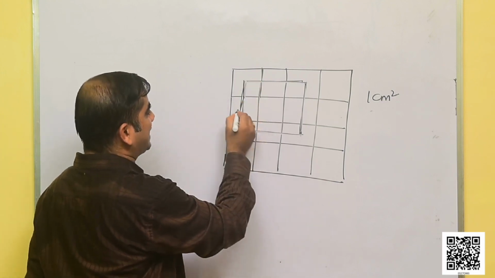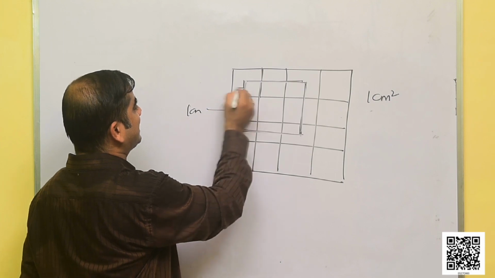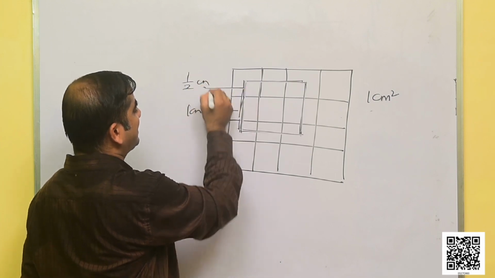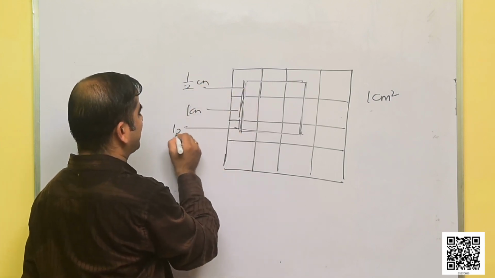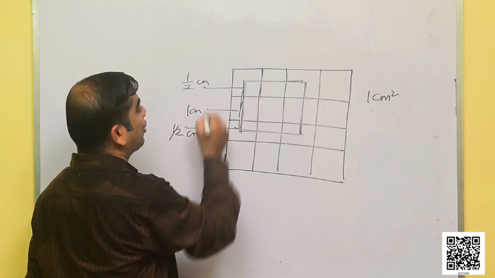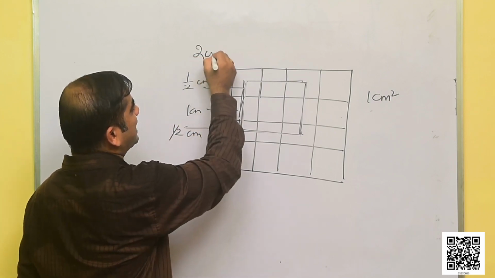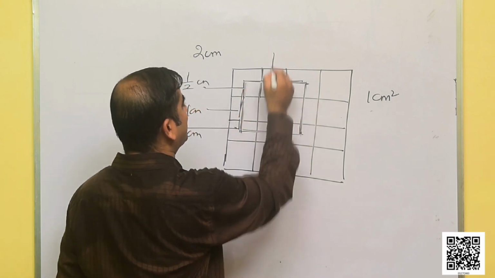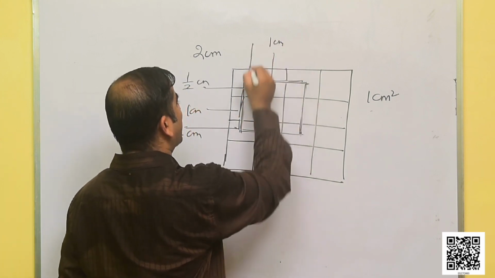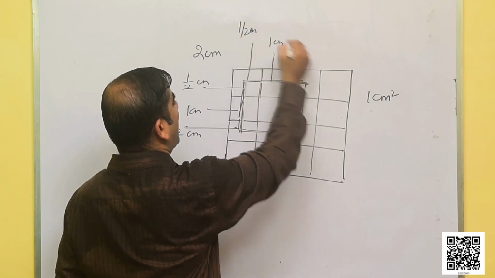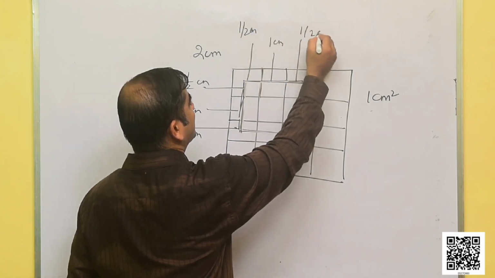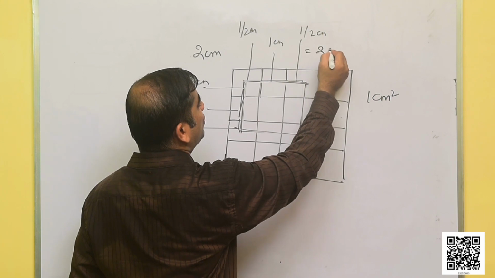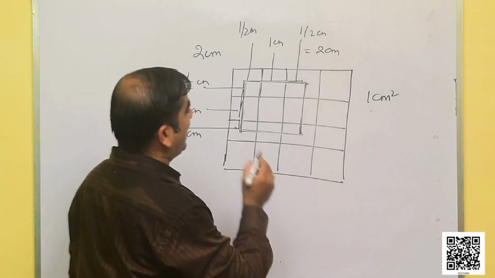This is your 1 centimeter, this is half centimeter, this is half centimeter. So in total 2 centimeter. Same way, this is 1 centimeter, this is half centimeter, and this is half centimeter. So in total 2 centimeter.